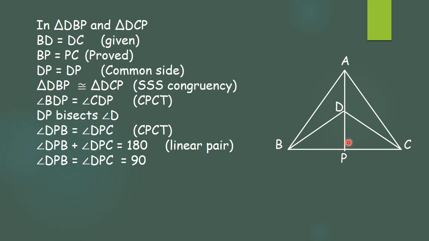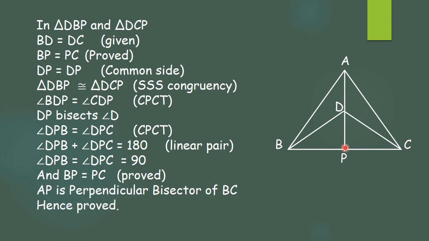The addition of these two angles is 180 and both are equal. It indicates that each one is 90. As each one is 90, this line is perpendicular, and we also get BP equal to PC, which means P is the midpoint. So P is the midpoint of BC and AP is perpendicular to BC. So AP is the perpendicular bisector of BC, and hence we have proved all four results.